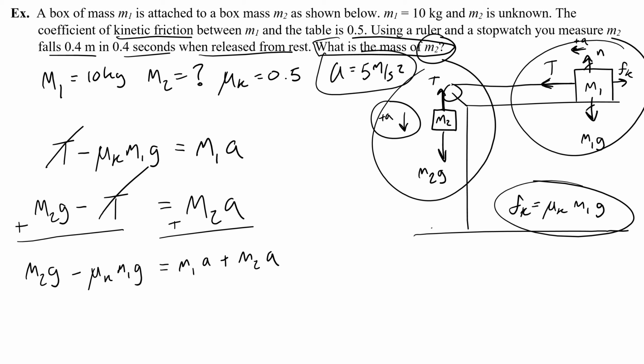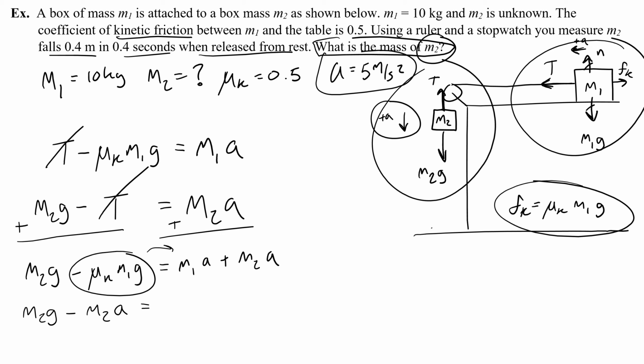Okay, so now here is a problem where I know what the acceleration is and I don't know what a mass is. So I'm not going to take this and factor out the acceleration so that I get m1 plus m2 times acceleration. Instead, what I'm going to do is try and get these two terms with m2 on the same side as each other. So I'm going to subtract m2a from both sides, so I get m2g minus m2a, and then add friction over to the right.